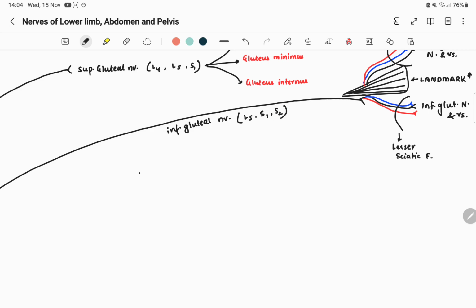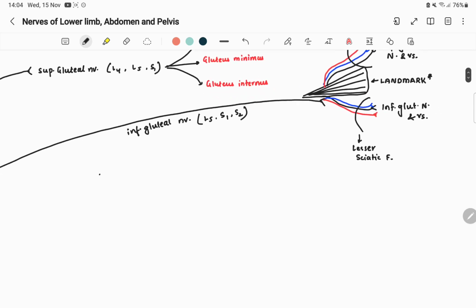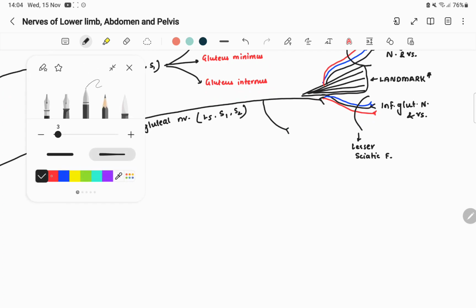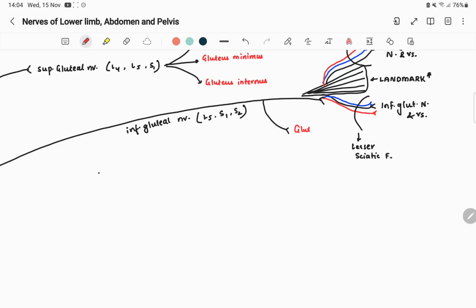The inferior gluteal nerve supplies your gluteus maximus. It is also a dorsal division, understood.